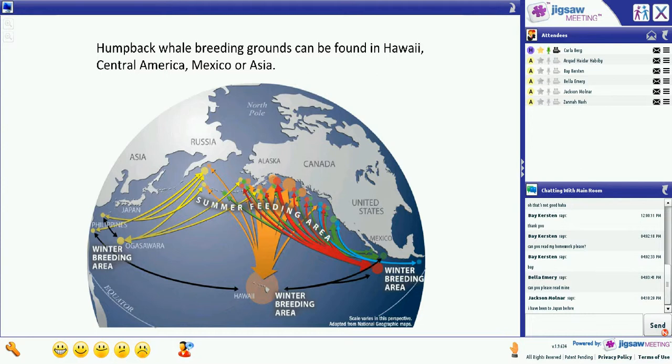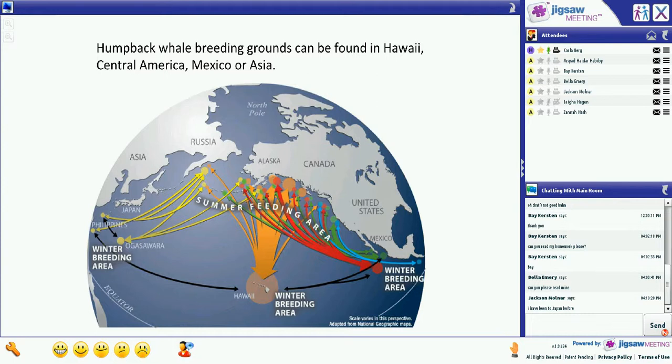Most of the whales, if you look on this picture, go down towards the Hawaiian breeding areas. However, you can see where the other ones go using the lighter yellow or following the red or the green or the light blue arrows.